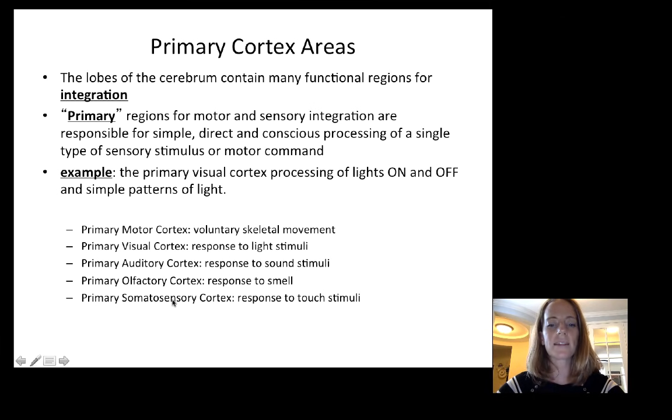The primary somatosensory cortex will respond simply to touch stimuli in different areas of the skin sensations, general senses. And then the primary motor cortex is going to be a simple motor command out to skeletal muscle. So these are simple processing areas that have one singular function, either vision or auditory or olfactory, etc.